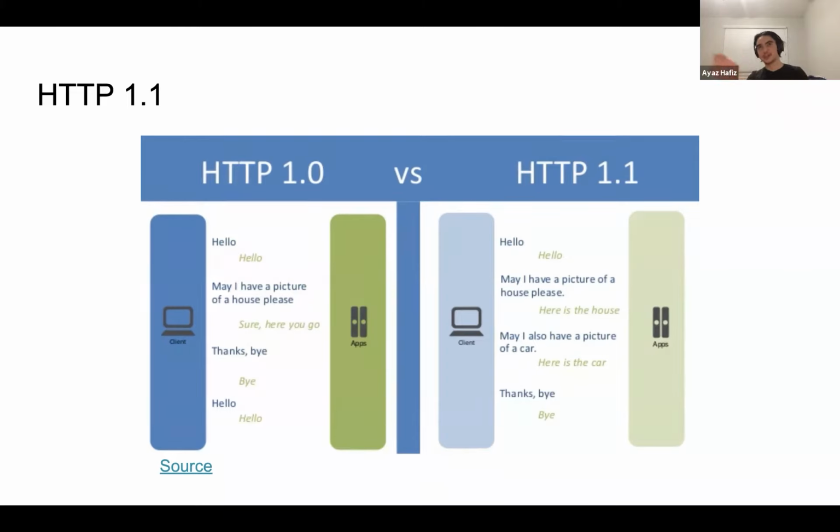I make some request, they give me a response. I make some request, they give me a response, right? It's kind of like this one-to-one transaction, and it happens in increasing order. So the next one can't happen before the first one does. So this is the interaction that we're seeing right here. I'm saying hi, the server comes back and says also hi. I say, okay, what does a house look like? It says, here's what a house looks like, and this conversation keeps on going.